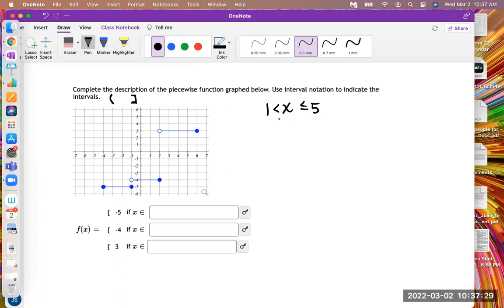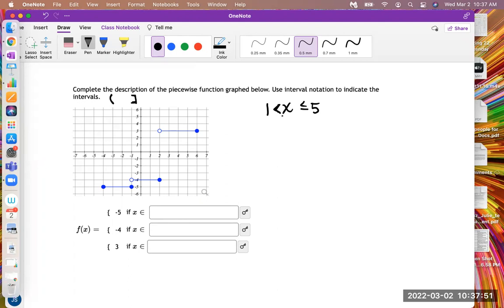If I write that in interval notation, when we have a strict inequality like that, then you have to use the curvy bracket, the parenthesis.